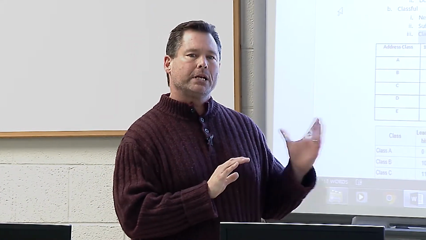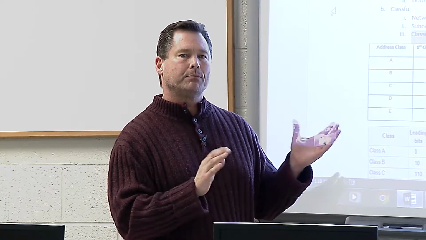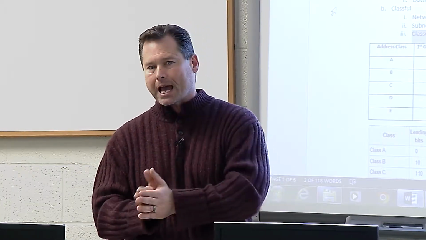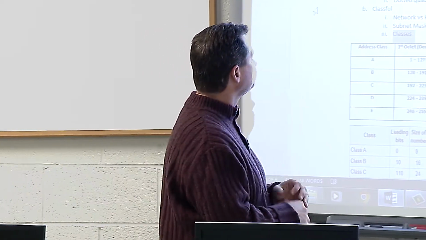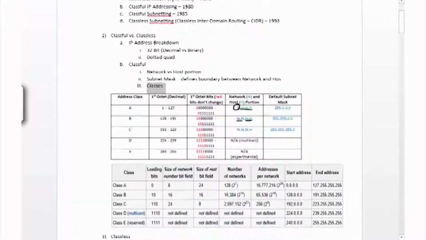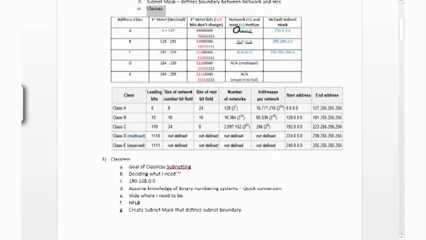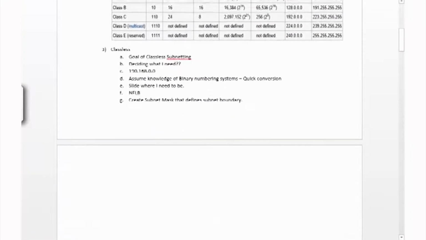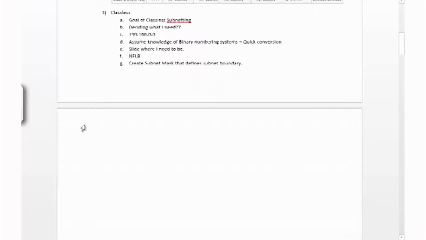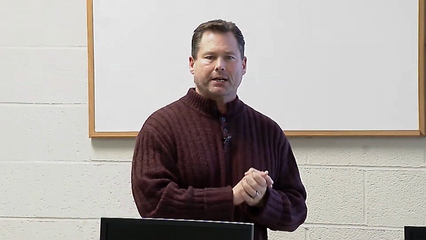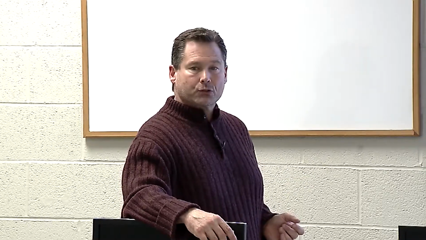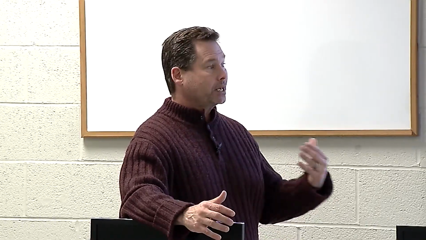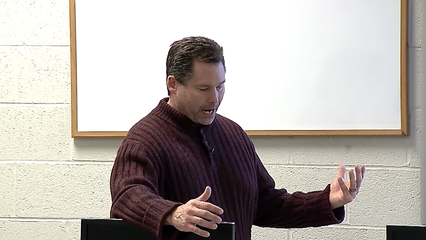We can manipulate these numbers in a way to be efficient and to capture just the number of hosts that we need for a particular network. Keep this goal of subnetting in mind, because people tend to complicate the process, but the goal of subnetting truly is just to be efficient. I just want to capture the number of hosts that I need.